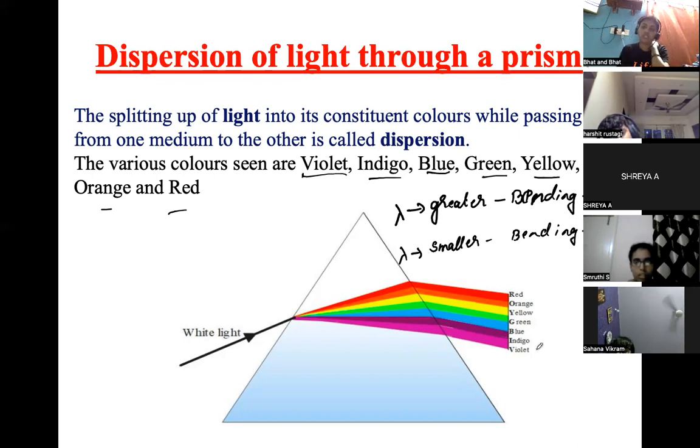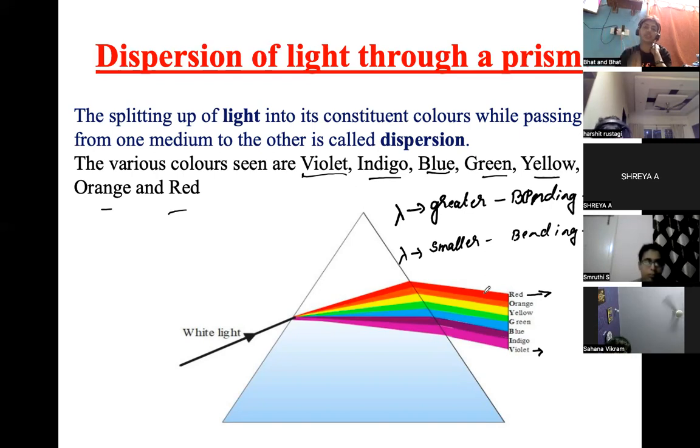So violet has lesser wavelength and red has the greatest wavelength. Understood, right? Violet is bending more. Red is bending less.